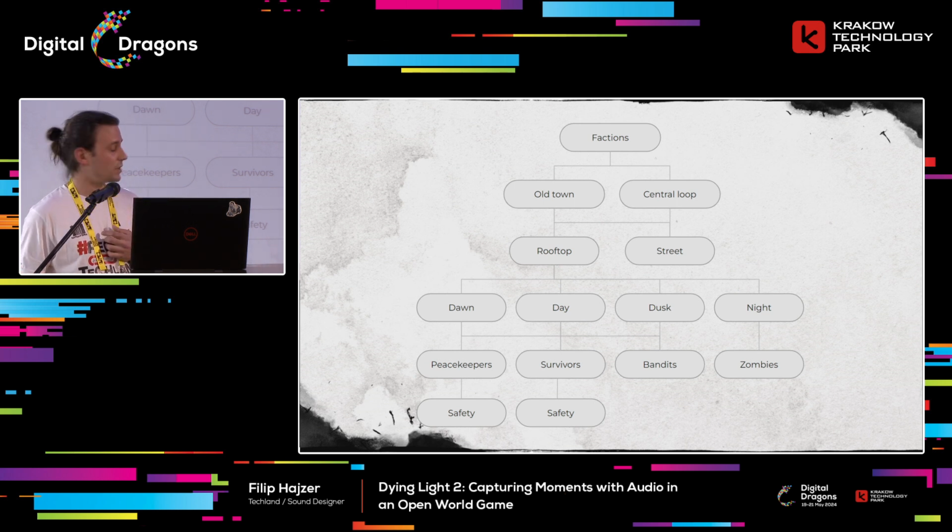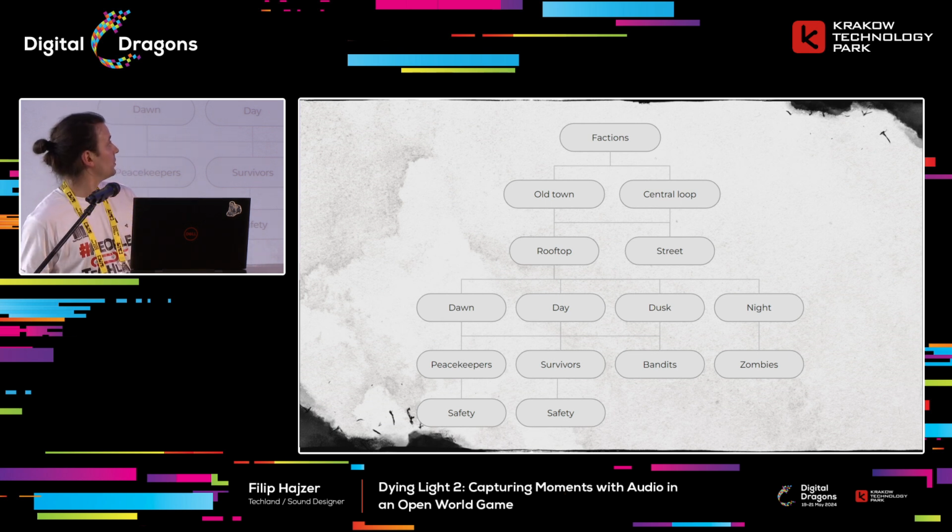Also, it is a structure of switch containers. First, we illustrate what region the player is in. In region 2, the central loop, we used, for example, more power tools, and we changed the reverb to fit how the region looks.